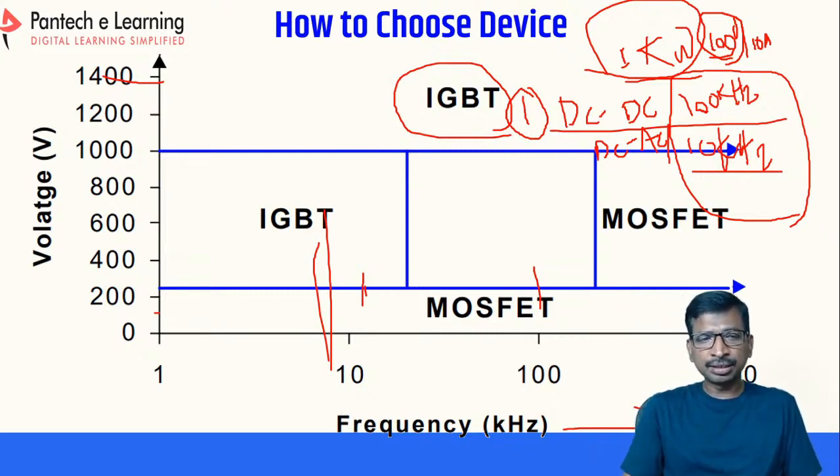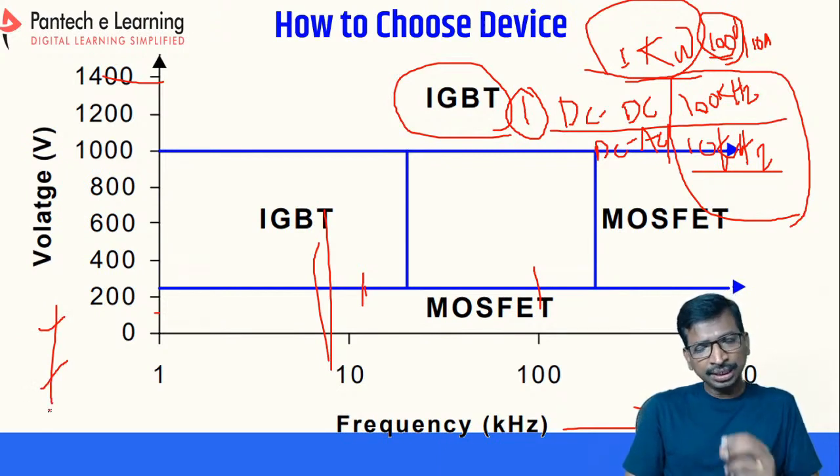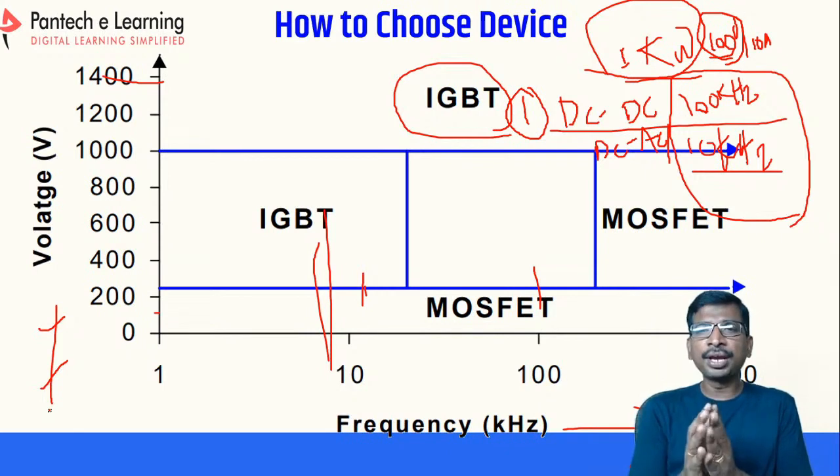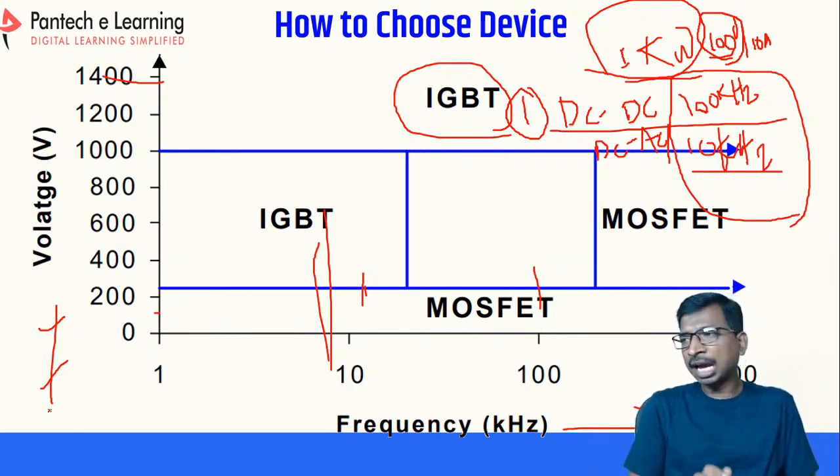Suppose you are taking two switches on the same leg, switch 1 and switch 2, you cannot switch on the two switches at the same time. In that case the MOSFET will get short circuit. So you have to identify that your PWM pattern is properly working and logically working, then the MOSFET will not get damaged.